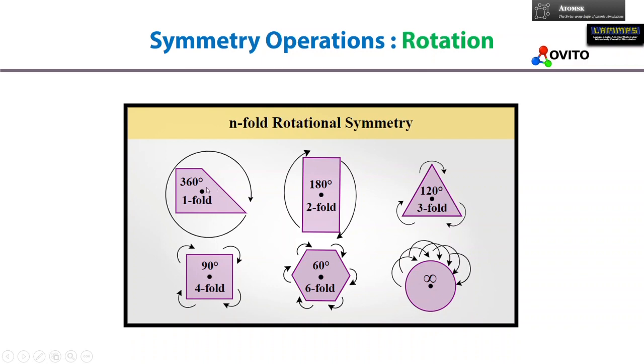So this is called one-fold because 360 divided by 360 equals 1. In the second case, you can repeat the structure after rotating it by 180 degrees. So 360 divided by 180 equals 2. This is called two-fold rotational symmetry. By the same logic, you find three-fold, four-fold, six-fold, and infinity-fold symmetry for a circle.